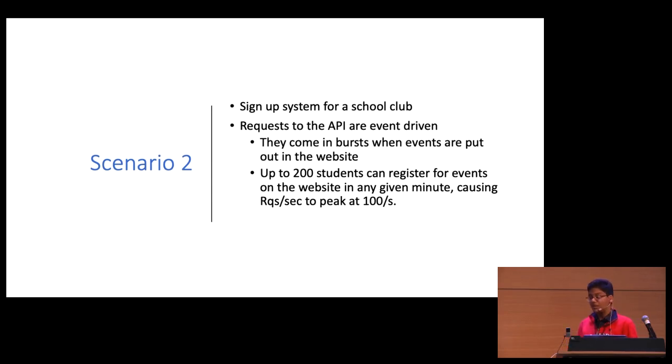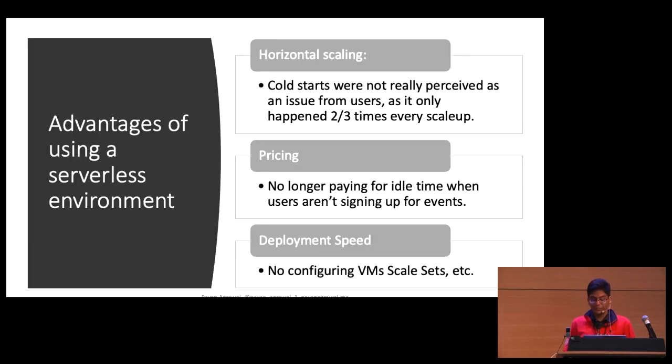Once again, we adopted the Zappa framework in order to deploy this to AWS Lambda, and we found this to be pretty advantageous. So horizontal scaling worked very well for this scenario because cold starts were not as perceived as an issue from users. It would only happen about 2 to 3 times every time we sent out a link to sign up to new events. And the cold start boot times we were observing were about 1 to 1.5 seconds.